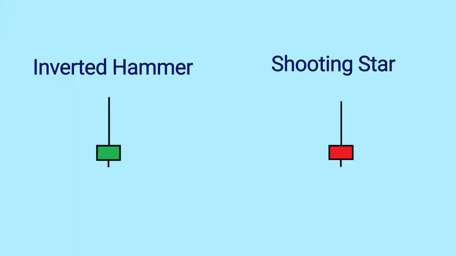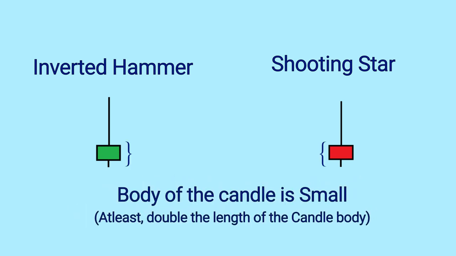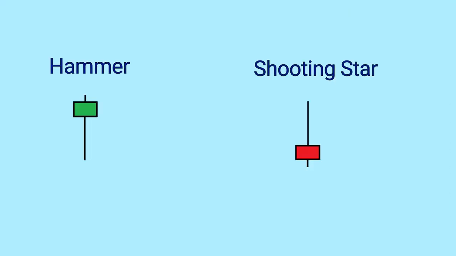So in this case again, the body that is formed should be very small. In both the hammer and the shooting star, the length of the body should be at most half of the shadow, or in a reverse way, the lower shadow in the case of a hammer and the upper shadow in the case of a shooting star should be at least twice the length of the body.